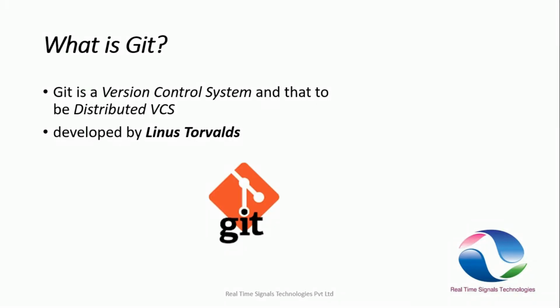Git is a version control system (VCS), and a distributed one, which was developed by Linus Torvalds, the same engineer who developed the Linux operating system. The situation which made him code Git is the actual definition of VCS.